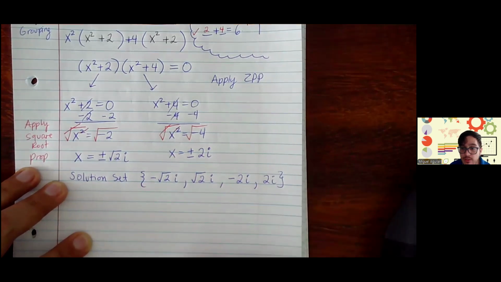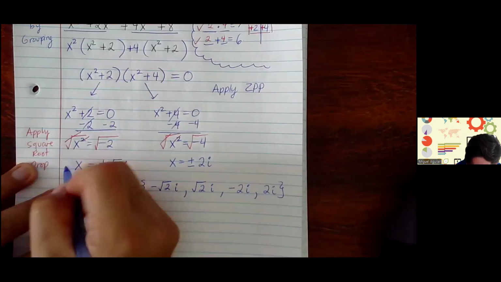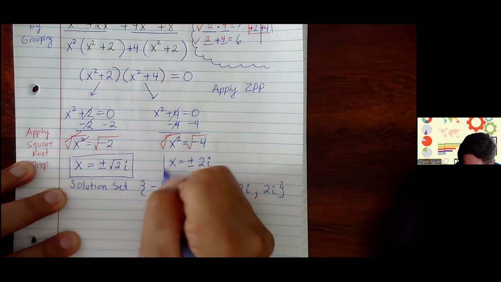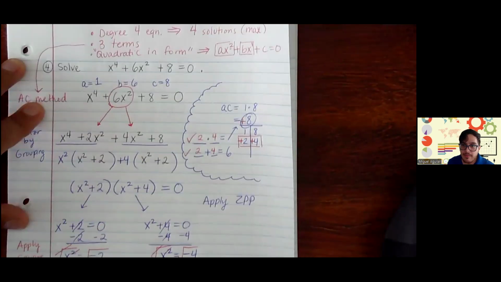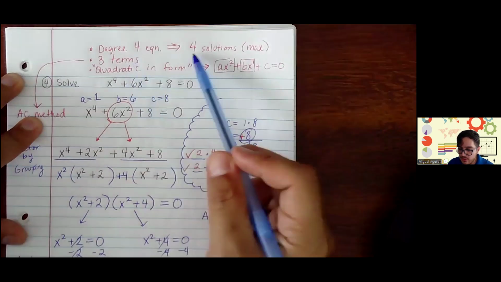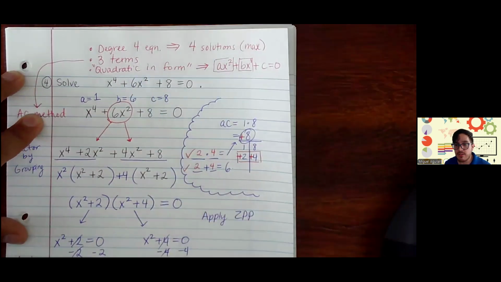A total of 4 solutions, which was foretold, right? When we started this problem, we said it was a fourth degree equation, and sure enough, we did get a total of 4 solutions.